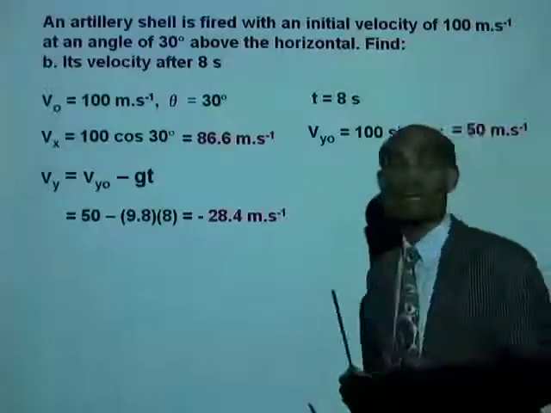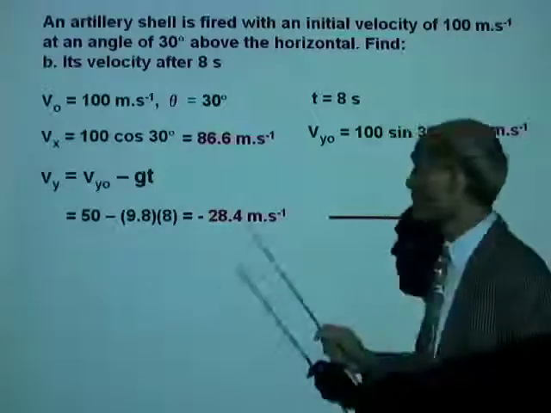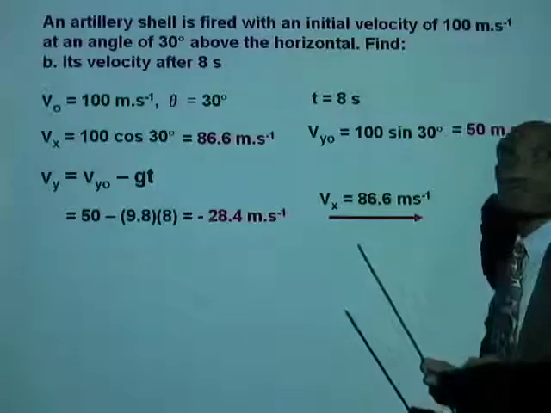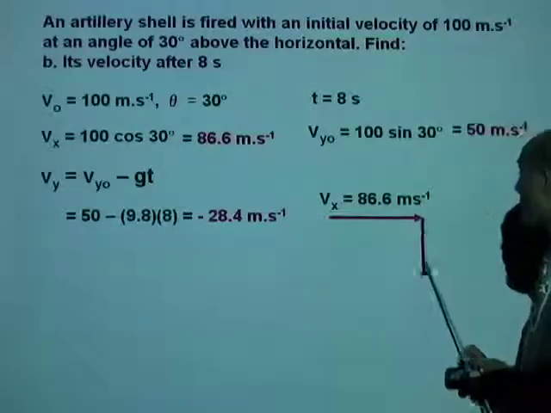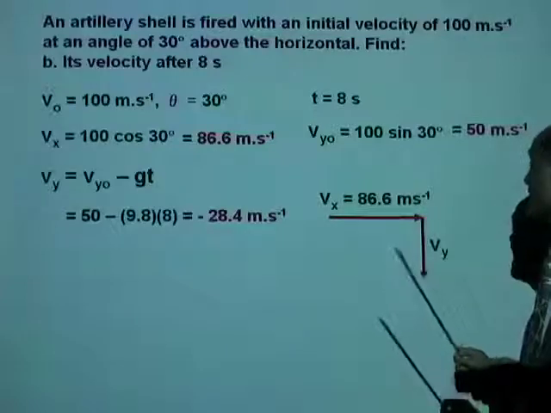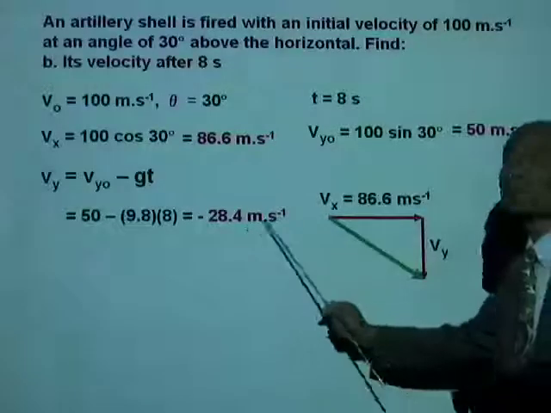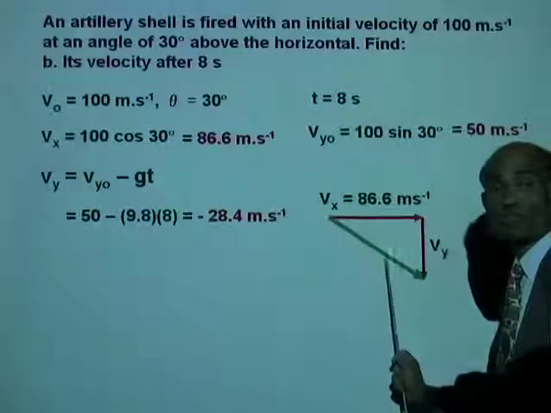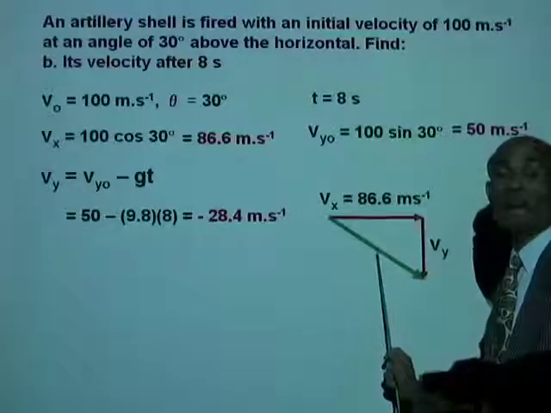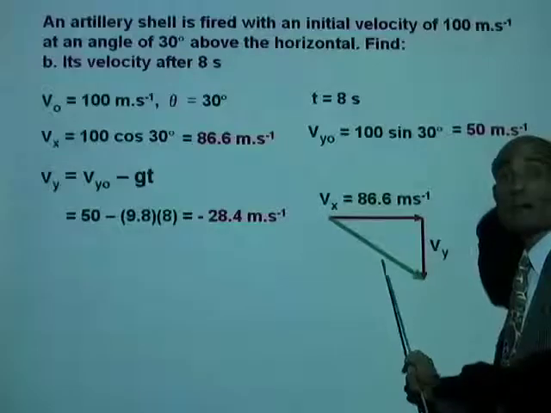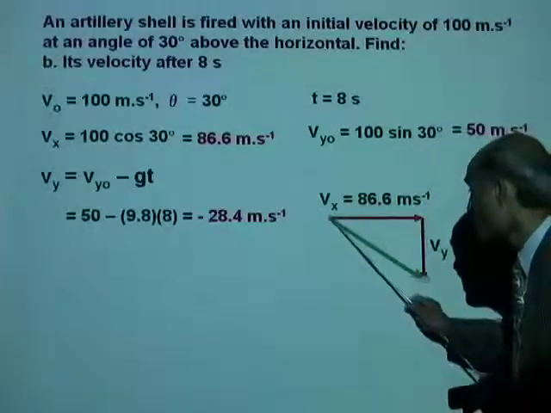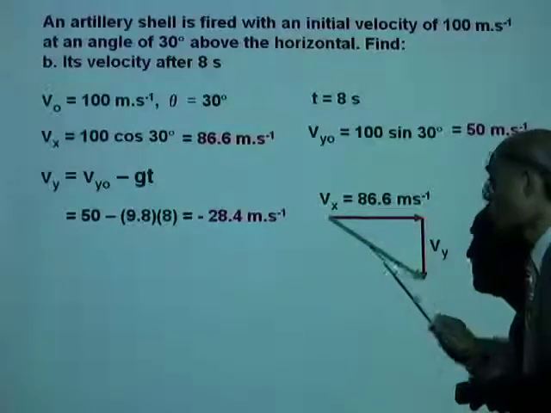So how do you now write the velocity? The velocity has an x component, 86.6 meters per second, and a y component, negative 28.4 meters per second. And so this is the velocity of the projectile at that time. We need to find the magnitude and the angle of the velocity. The magnitude is the length of this vector.